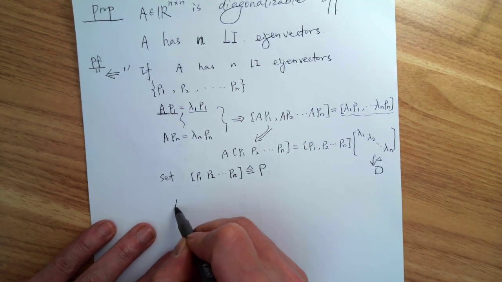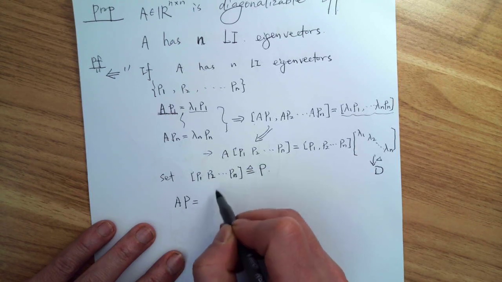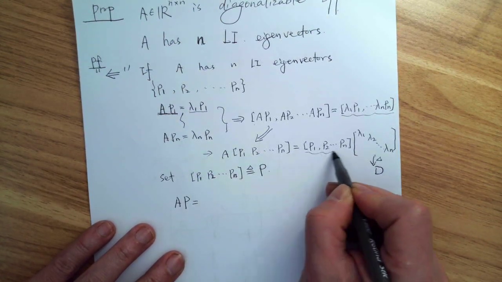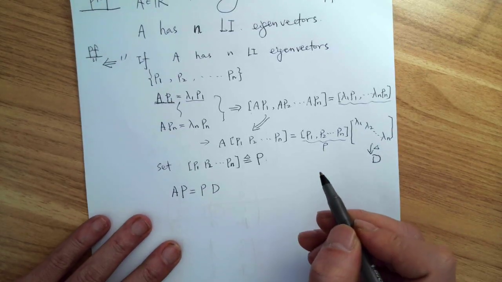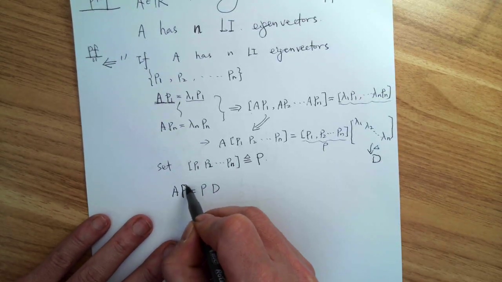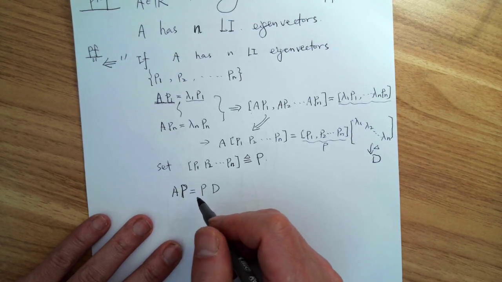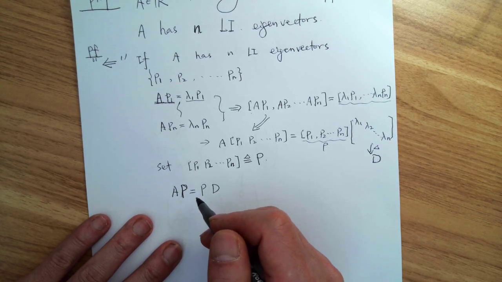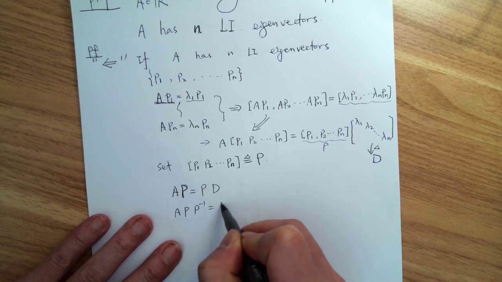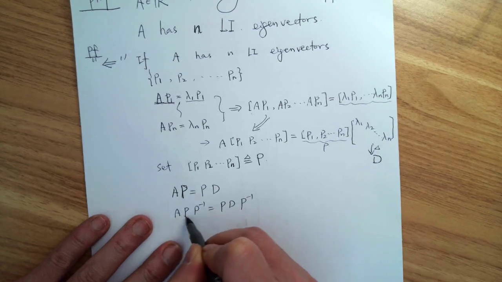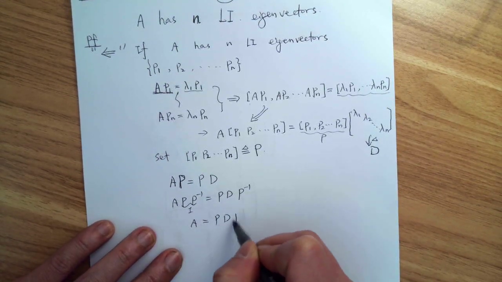Then we have AP equals, coming back here, A times P equals PD. Now, if we move P to the other side, which means we multiply P inverse on the right on both sides, then this is A P P inverse equals P D P inverse, and P P inverse is I, so we get A equals P D P inverse.